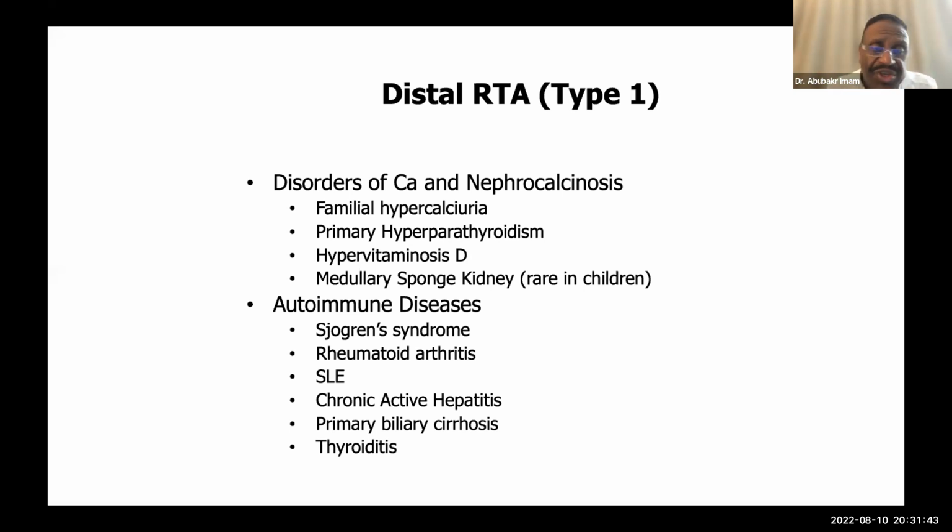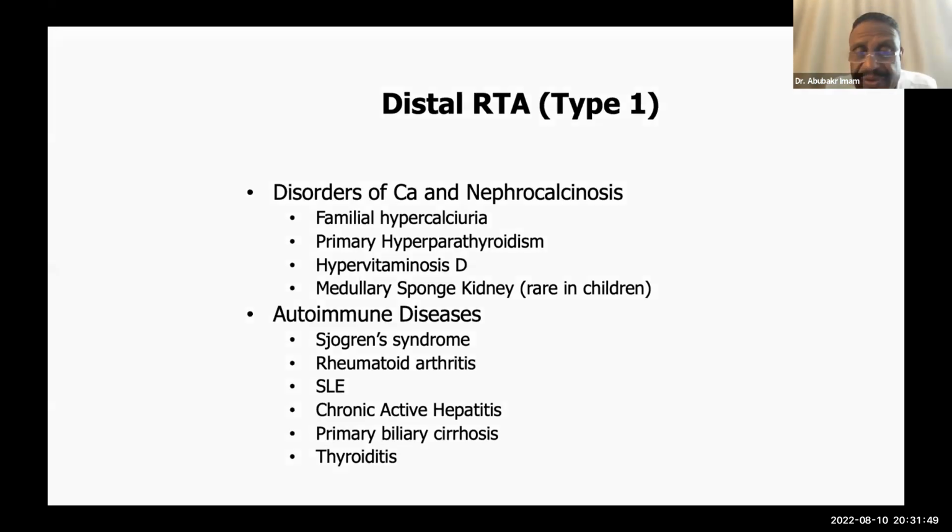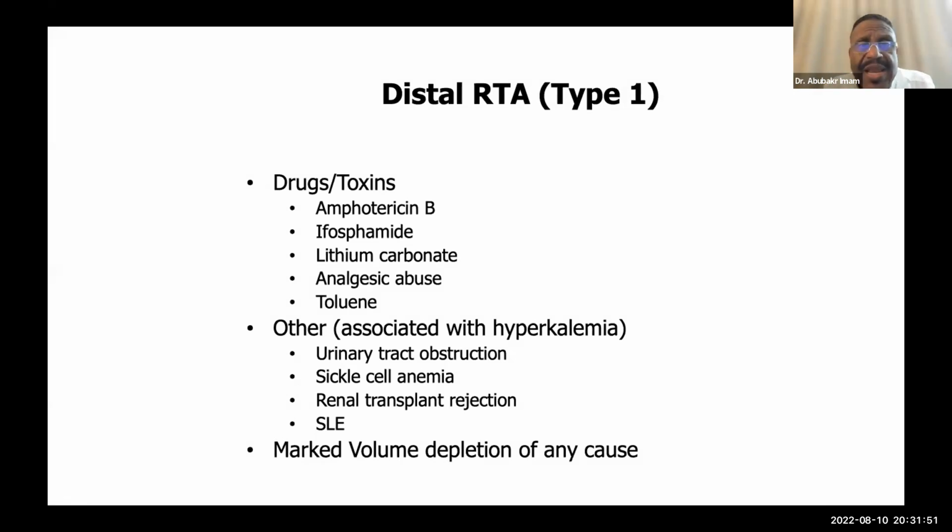Autoimmune disease, we mentioned it, and SLE and thyroiditis can be involved as antibodies, and people think maybe there are antibodies attacking that part. Now, amphotericin B, and those who work on hemonc floors will see certain chemotherapeutic agents can be causing problems in the distal part of the nephron.